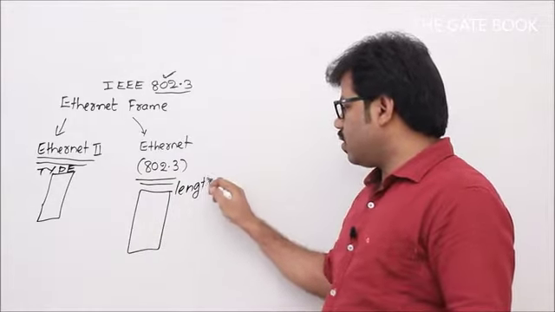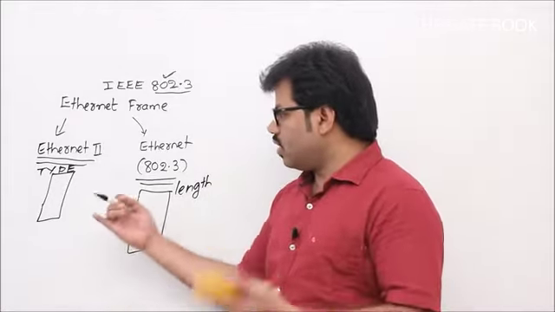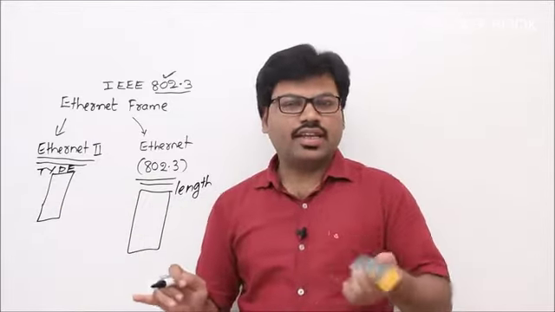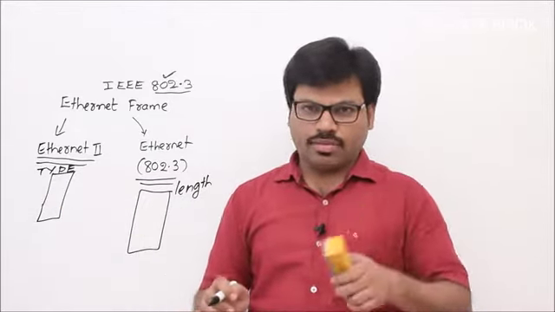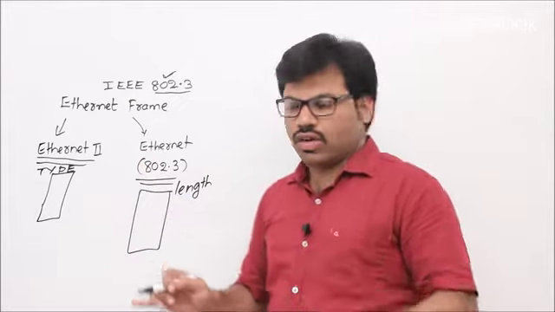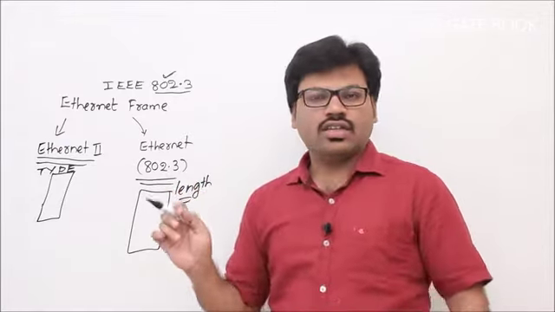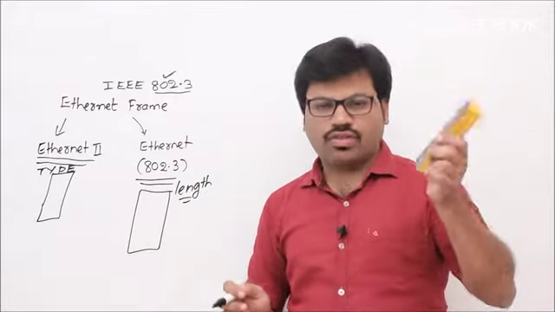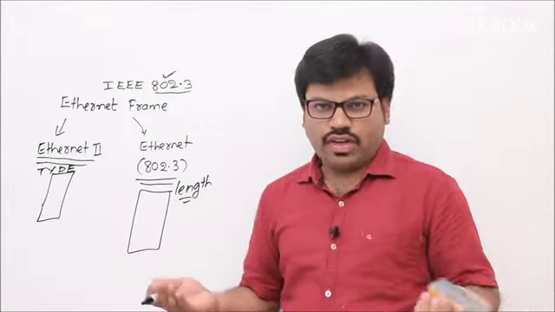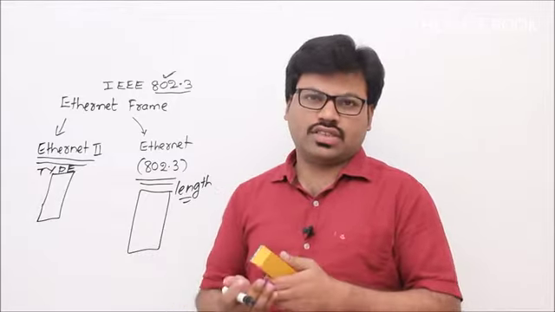That is the difference. Whenever we change some field, for example type is modified to length, all the NIC cards have to be modified based on this field, correct? Every NIC card should now understand length instead of type. Then we have to somehow modify either software or hardware. How they have defined and built it, we don't know, right? So finally you can understand that there are a lot of changes.